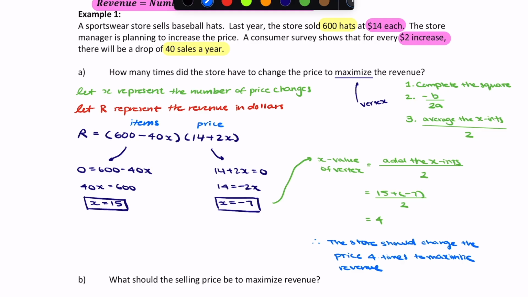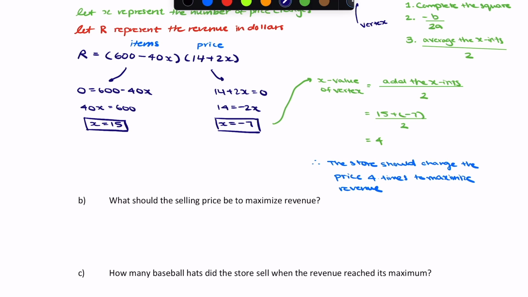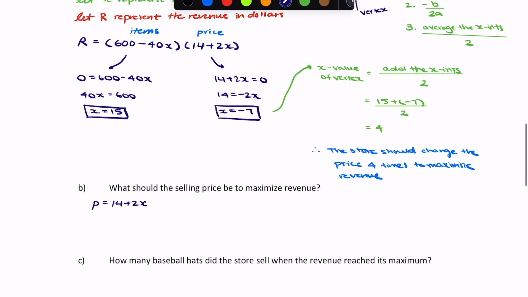Okay. And here it says, what should the selling price be to maximize revenue? So the price is represented by the equation 14 plus 2x. And so here we have our value of x is equal to 4.